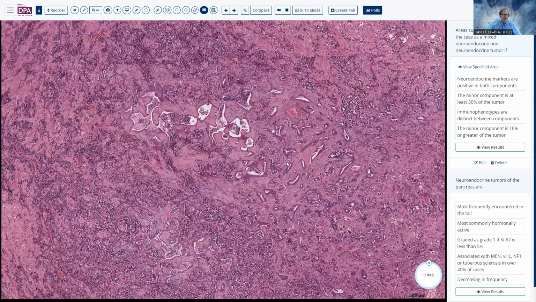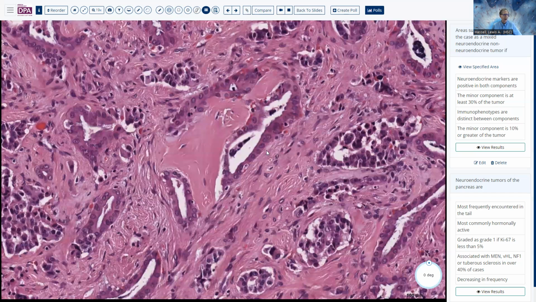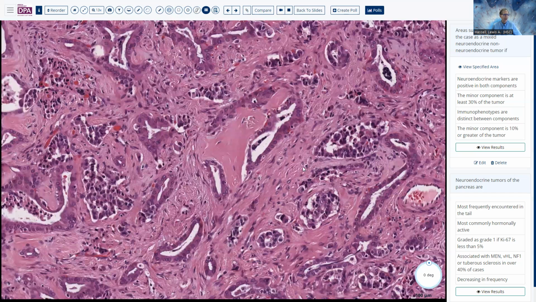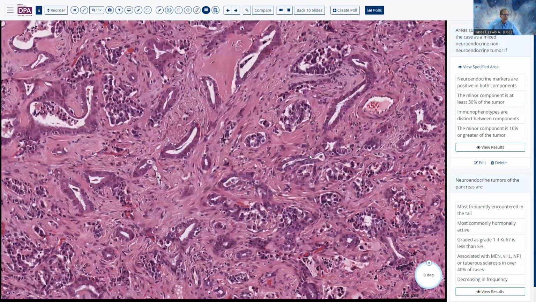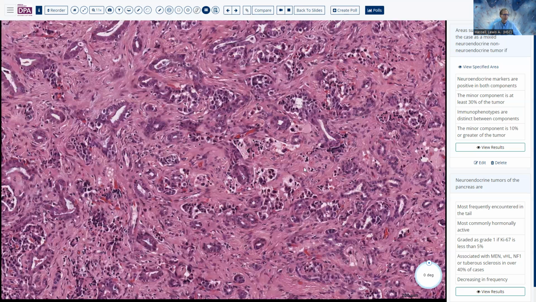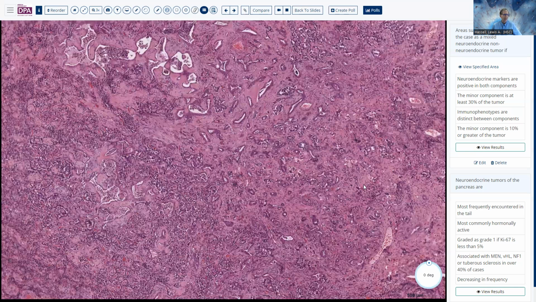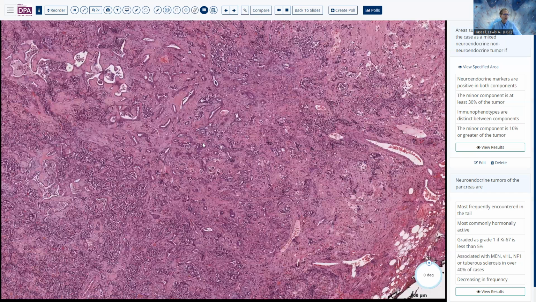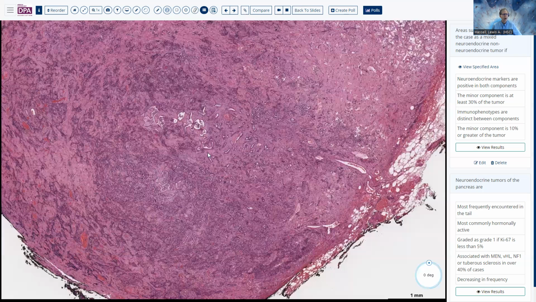In this case, our adeno component is quite well differentiated. Not even completely sure that it's a carcinoma, but certainly we don't have other terms for a low-grade glandular lesion like this. And it's certainly dispersed in an invasive pattern. So I think we would call this an adenocarcinoma neuroendocrine tumor.